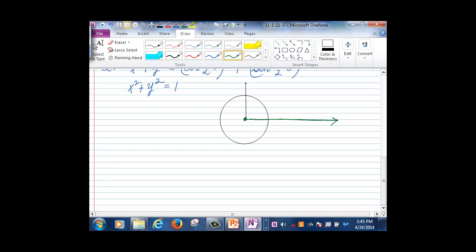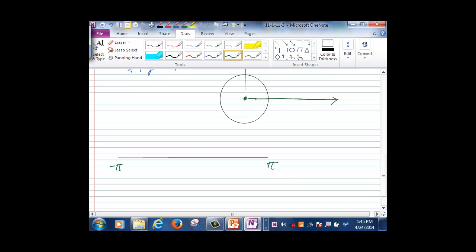So let's look at the interval for t. T goes from negative pi to positive pi, right? And what I want to see is how x and y increase and decrease as functions of t.